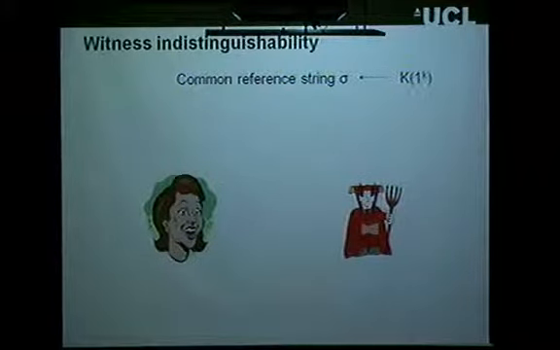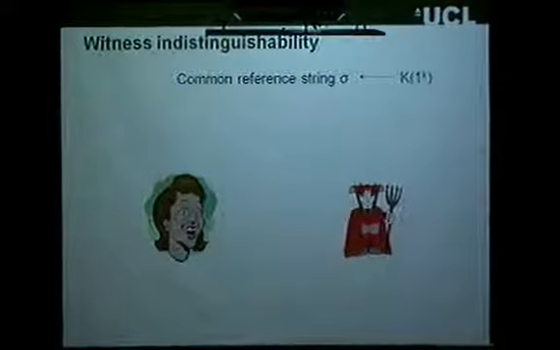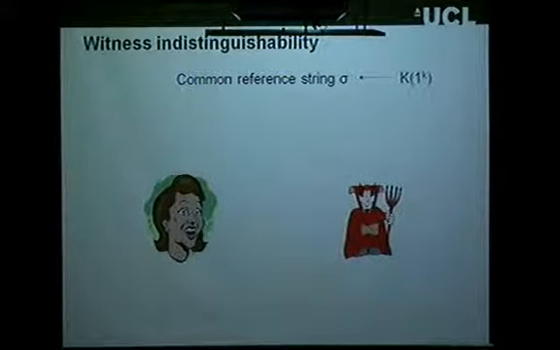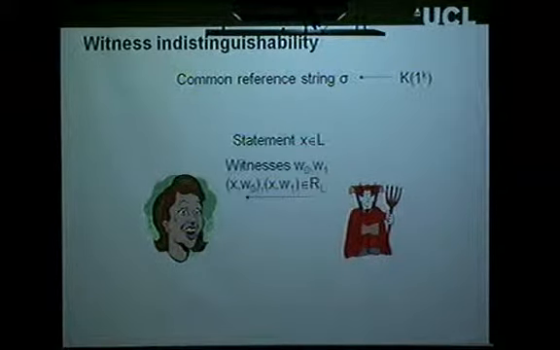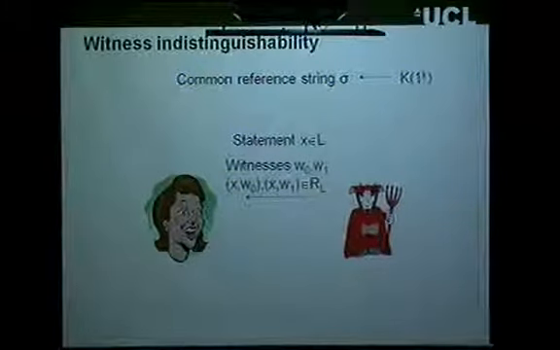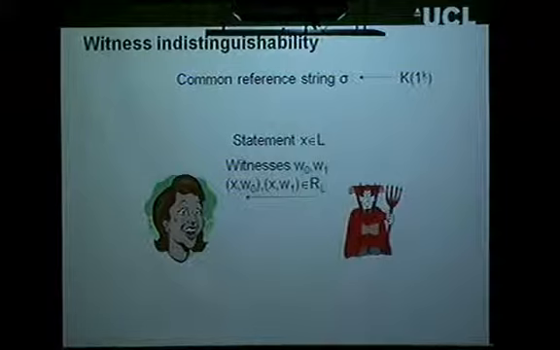Okay, so soundness protects the verifier, right? It means that you can't fool the verifier into accepting a false statement. Now we're going to try to protect the prover. So witness indistinguishability we define with the following experiment. So first we generate a common reference string. And now the adversary comes up with some statement and two different witnesses. Okay?